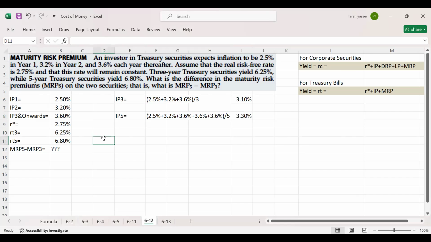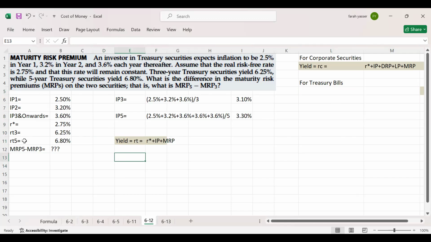Now we can calculate MRP5 and MRP3, because the formula has RT, meaning treasury securities, so we can use this formula for treasury securities.